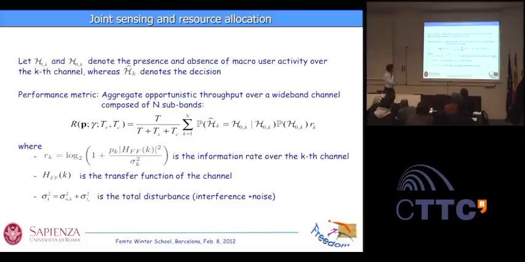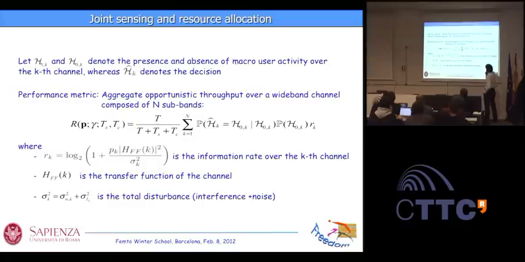What is this? This is a sort of rate. You see, it's the summation over the rates. Rk is the rate given by the usual channel formula over the kth subchannel with a certain noise and interference power represented by this variance. But this rate here is weighted by a probability. What probability?